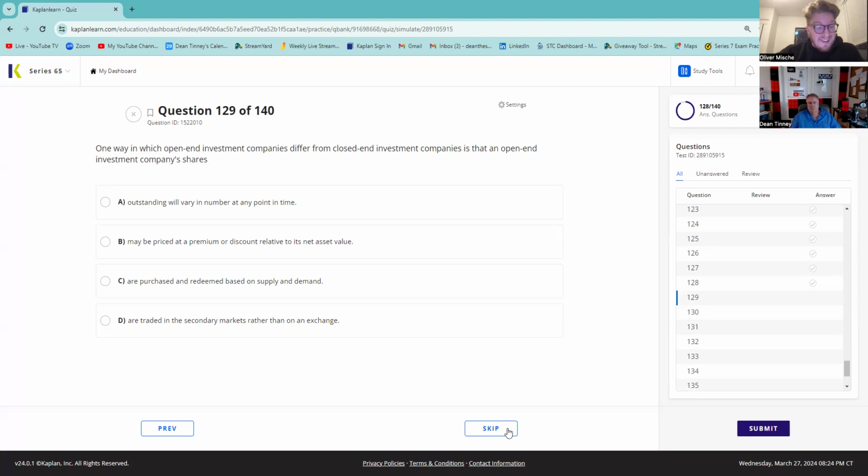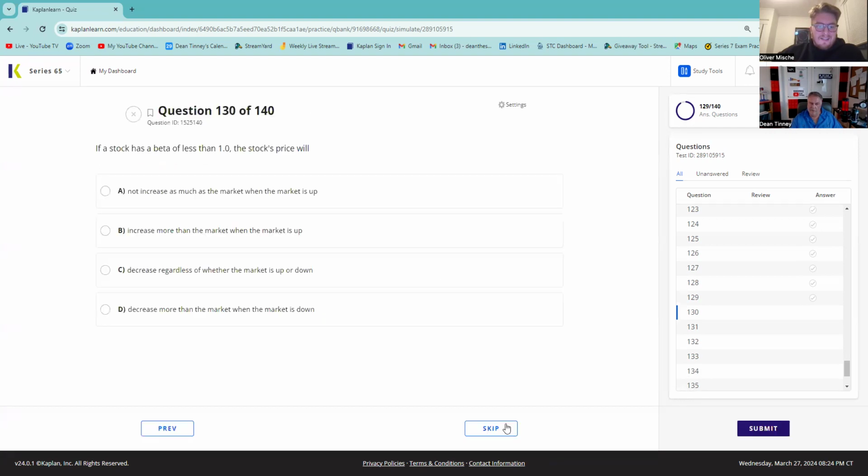Is it A? Good job. Those other things are closed-end funds. Yeah, I know. I could not figure that out. That's very testable. So mutual funds, don't underestimate mutual fund questions. Lots of them. If a stock has a beta of less than 1, the stock's price will. A. Yeah, excellent.